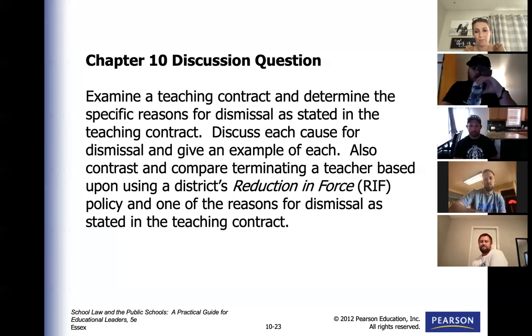Because this is new for me, from what I'm understanding you read, if that happens, they start at the ground where they left off, where they were before the termination, right?